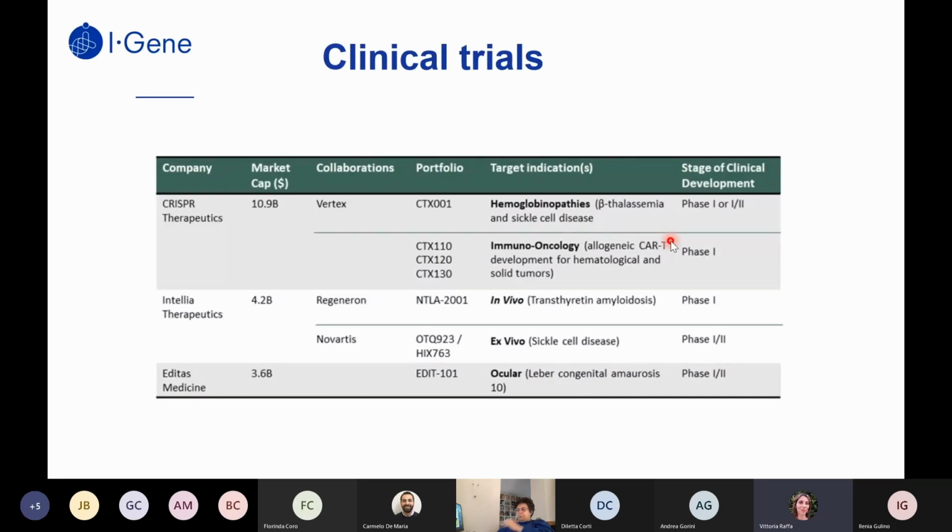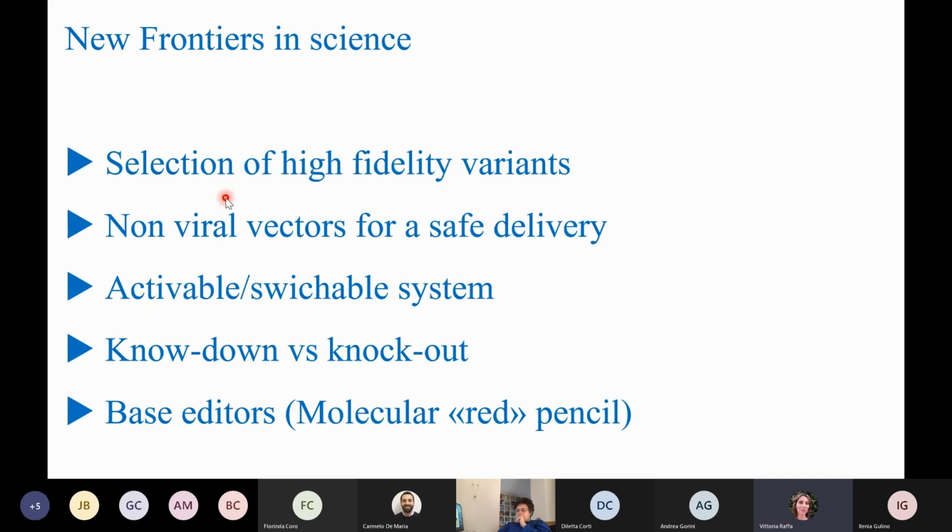Well, as I told you before, the potential of this technology is huge and countless. Any uncured disease could have a therapeutic approach with the CRISPR-Cas9 system. But as I told you, the list of ongoing clinical trials is short because we still have problems related to safety and delivery. And the scientists are trying to solve this problem.